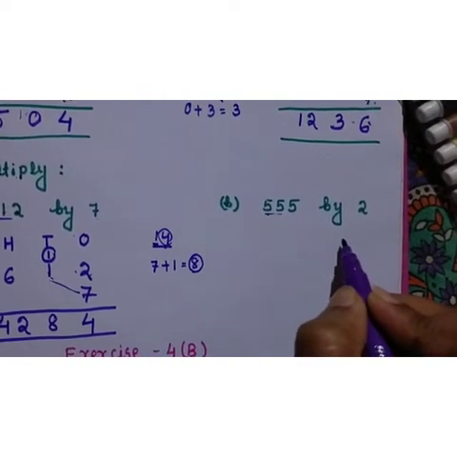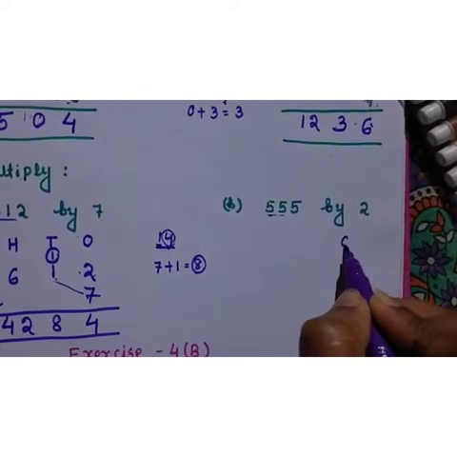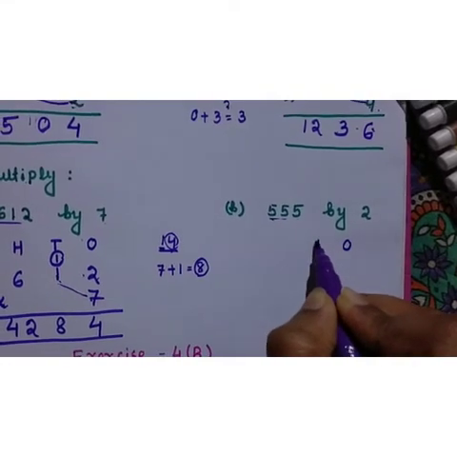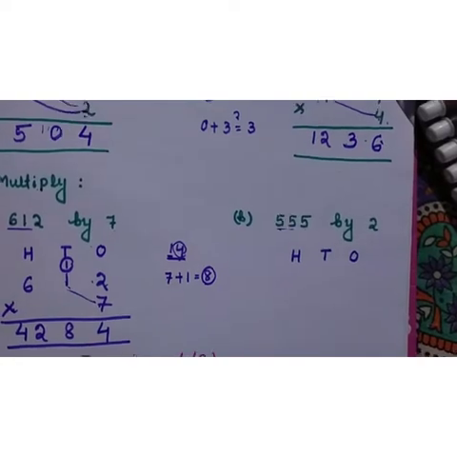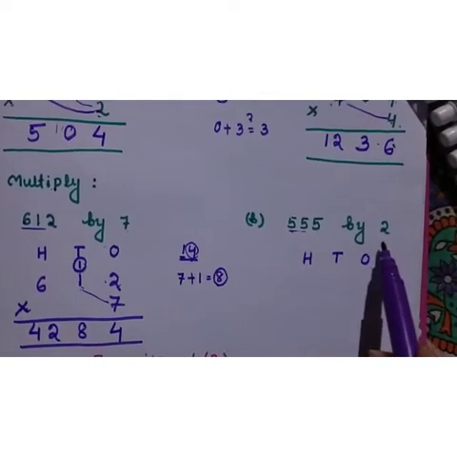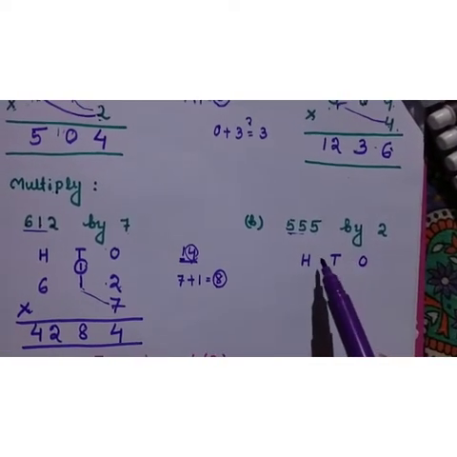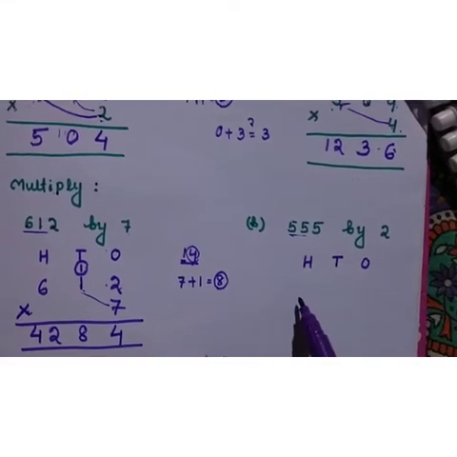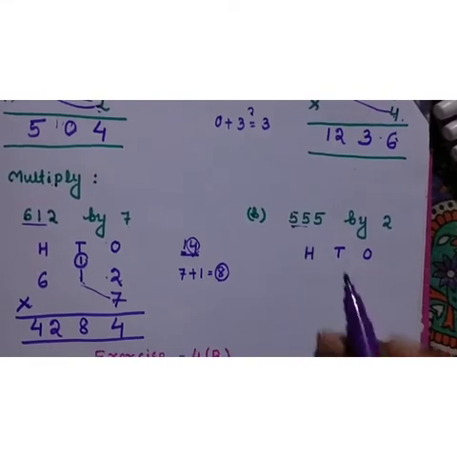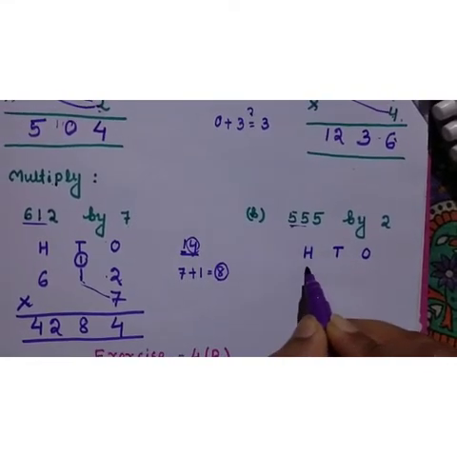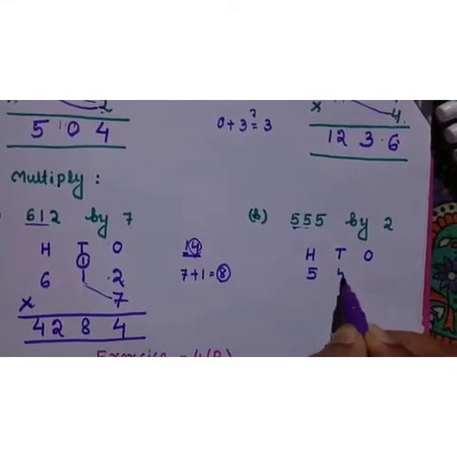So we first write the places: ones, tens and hundreds. And the question is horizontal, and you have to arrange it vertically like this. Now your first number is 555, so you will write the number according to its place value.